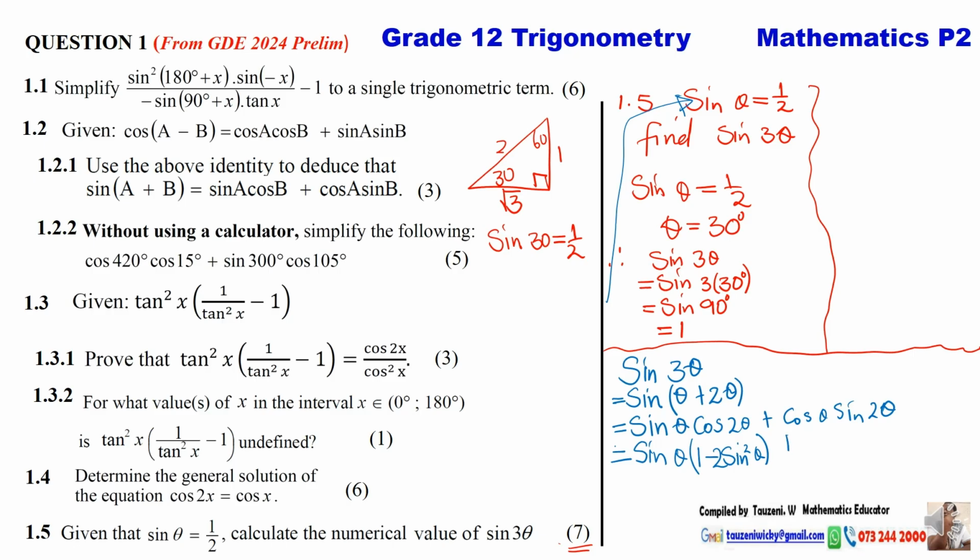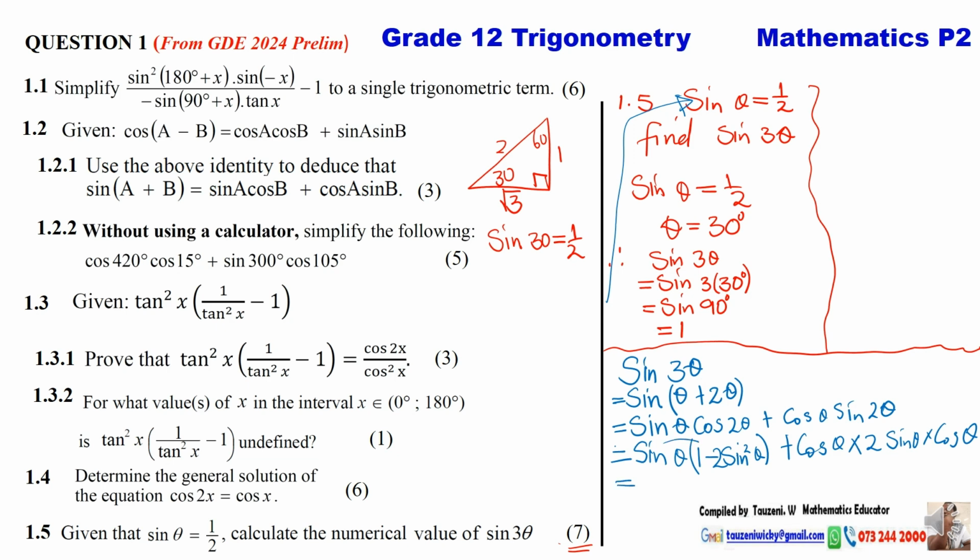Then this one is the cos of theta multiplied by the sine of 2 theta, which you can write as 2 times the sine of theta times the cos of theta, also from double angle identities.